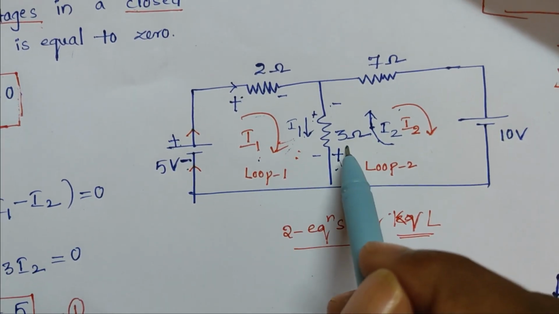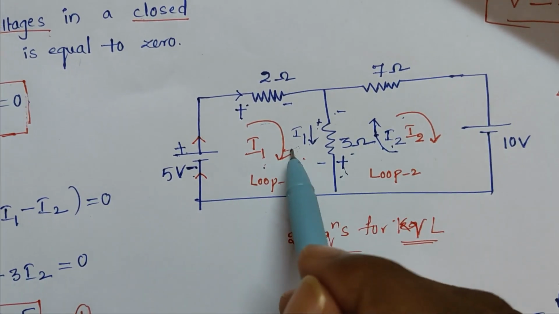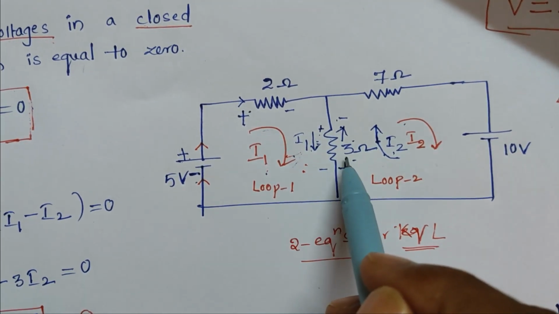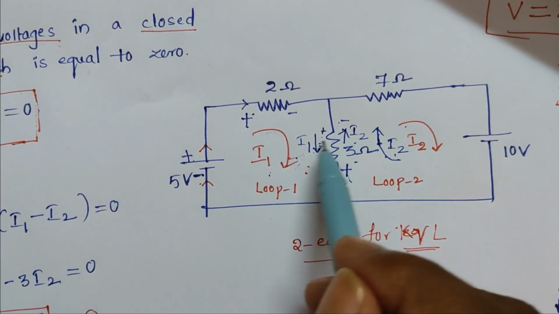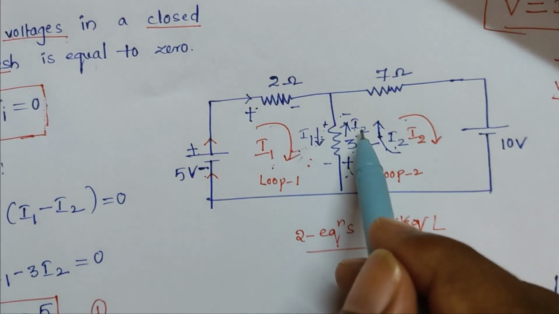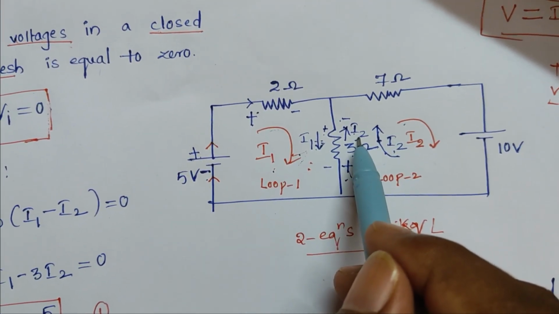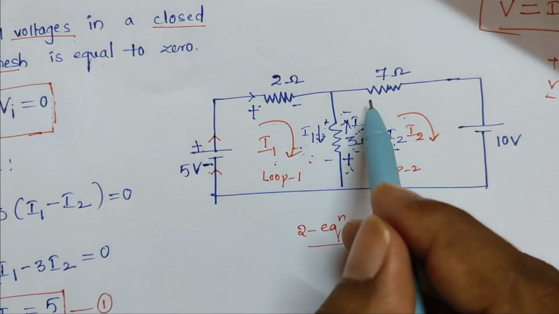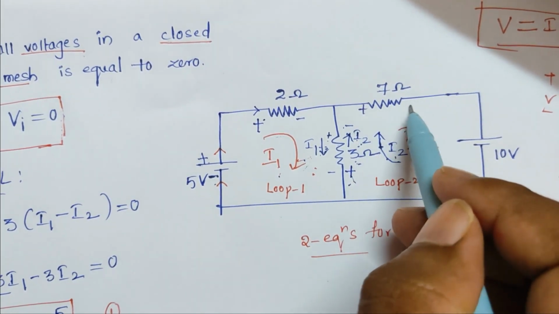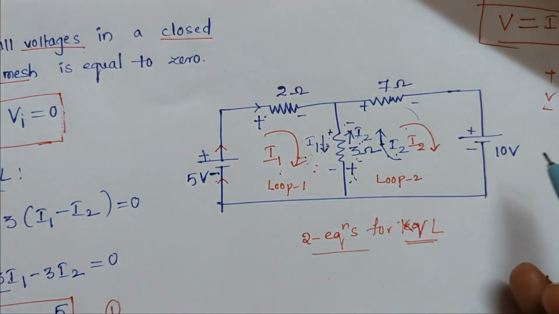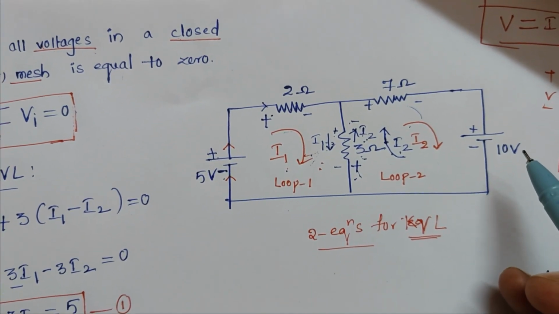That will be 3 into I2 minus I1, because two currents are flowing across this 3 ohm resistor. Since we are writing with respect to the second loop, we consider the I2 current first. So 3 into I2 minus I1 plus 7 into I2 plus 10 volts, because we get the positive terminal first. I hope you are getting some sense, right?